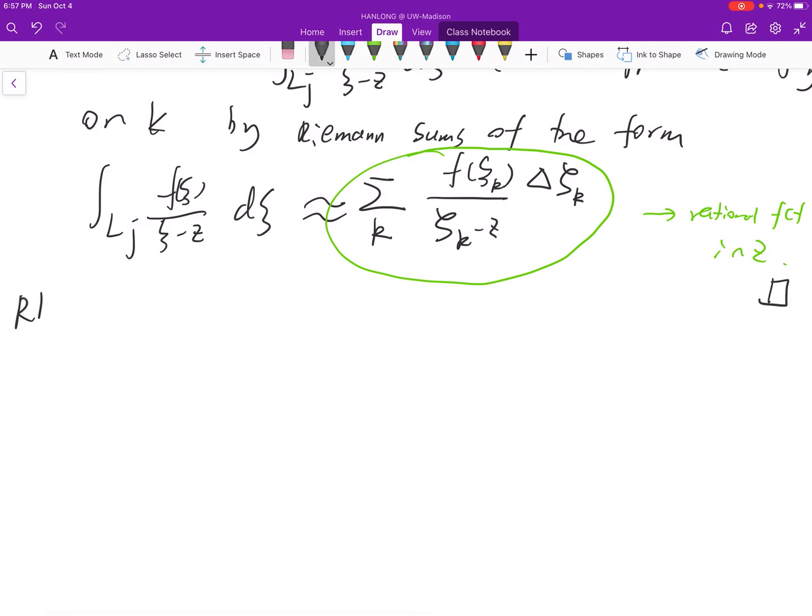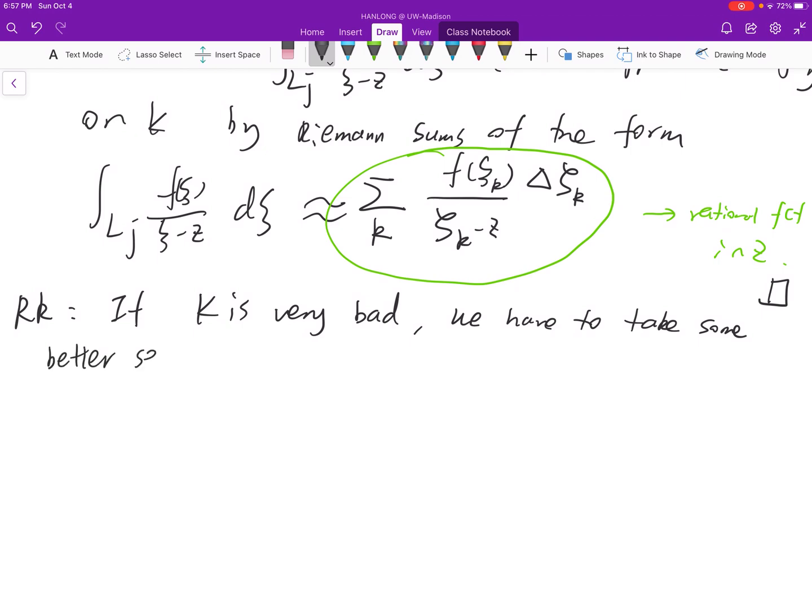I would like to make a remark about this. You will see from the proof that it's not necessary to take rectangles. You can do something for K if the boundary of K is smooth. But if K is very bad, we have to take some better sets to cover it.